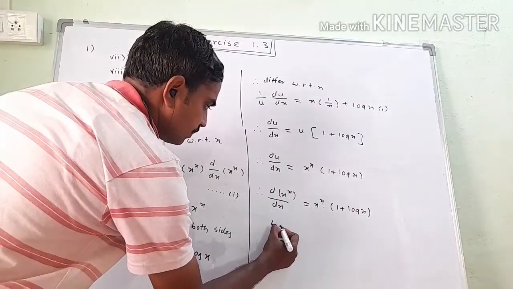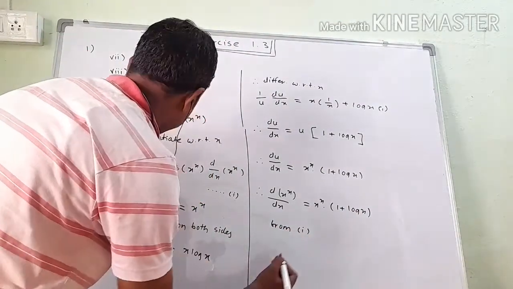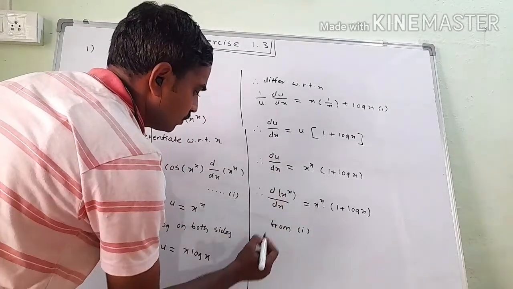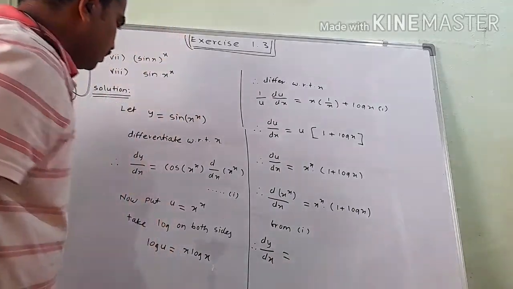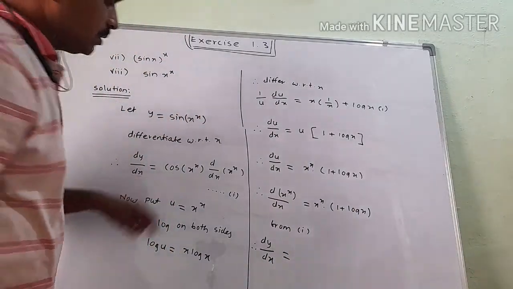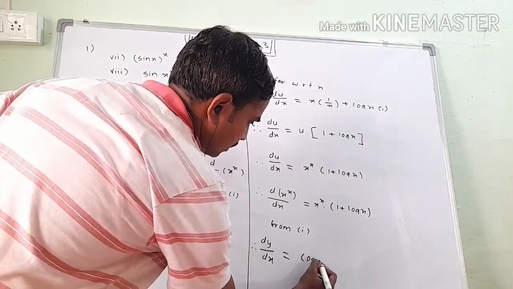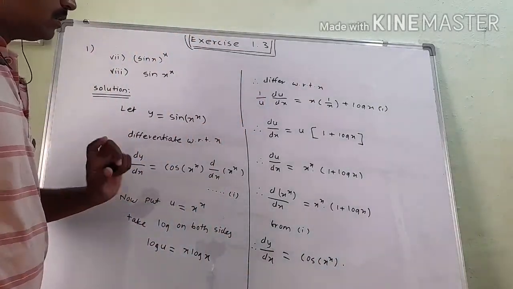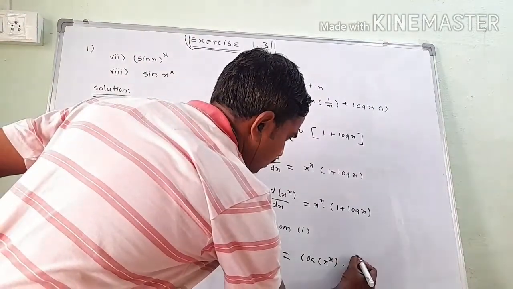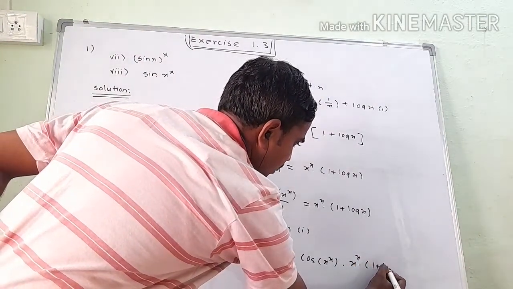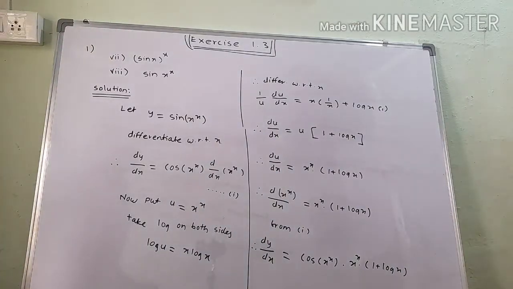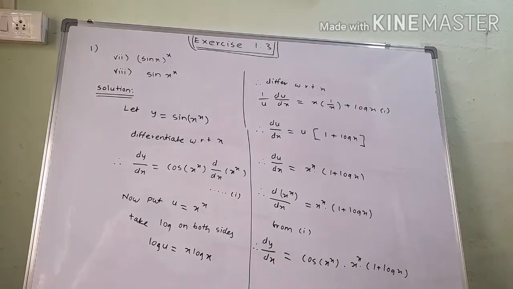Therefore, from equation 1, we get the required derivative of y with respect to x as cos of x raised to x into the derivative of x raised to x, which is x raised to x in bracket 1 plus log x. The required derivative of y with respect to x is the solution of the 8th example.